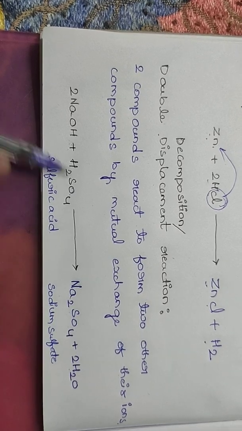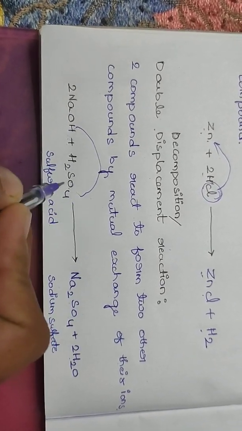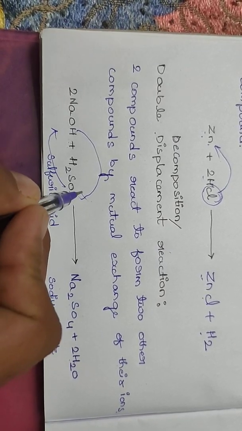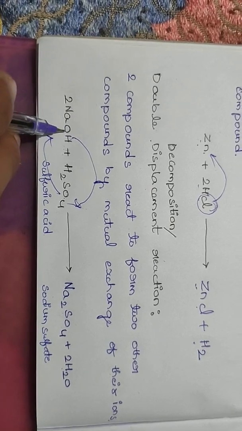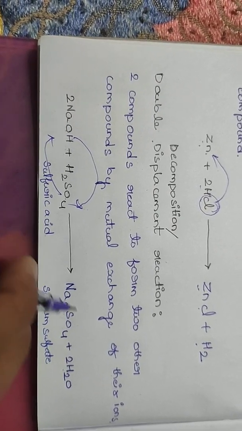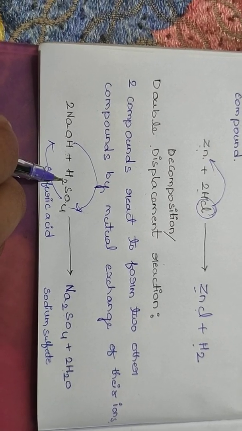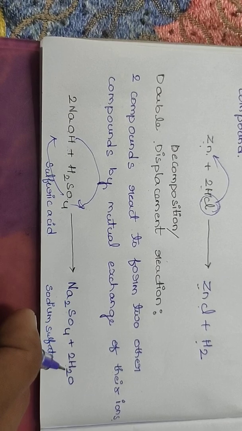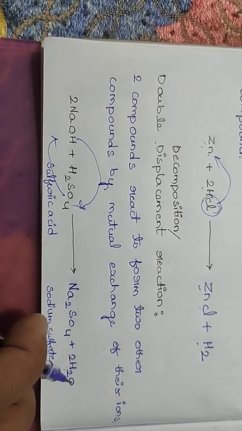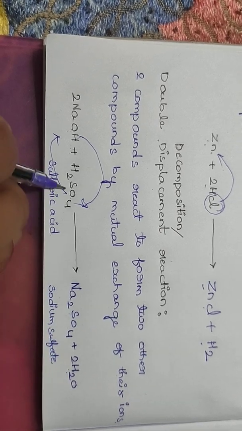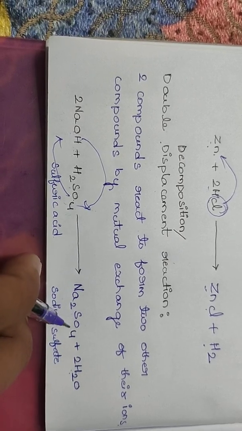The only thing is that this is going there and this is coming over here. Simple. So 2H2O, with 4 molecules of hydrogen and 2 molecules of oxygen, and SO4 goes directly over here.